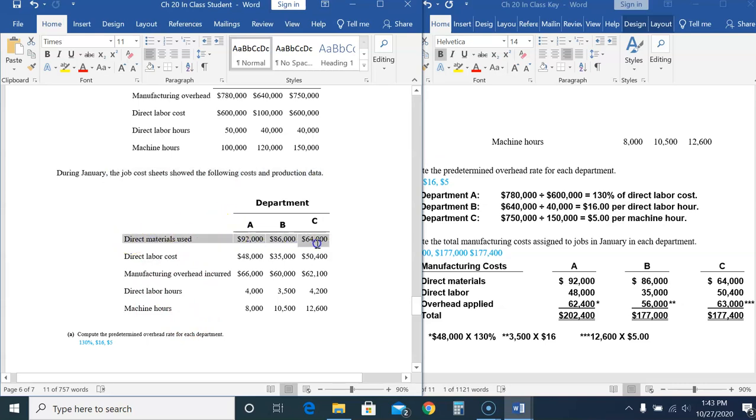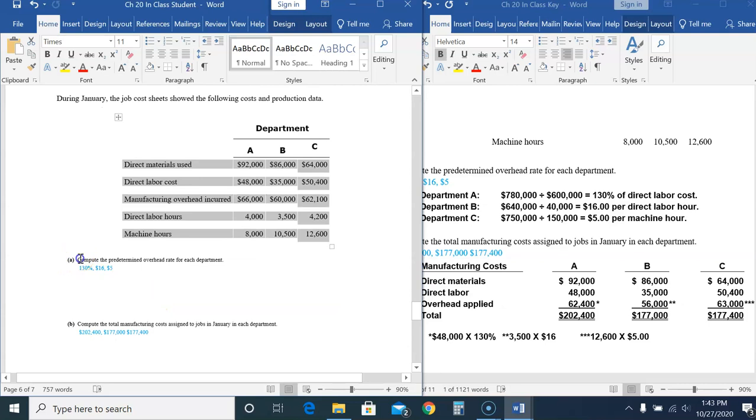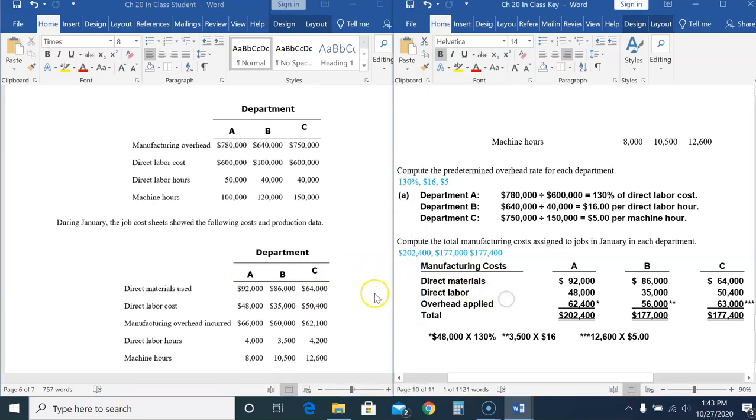Here are actual costs for those 3 departments. We are going to compute the predetermined overhead rate for each department. Remember, predetermined overhead rate is calculated by taking the total estimated overhead divided by the total estimated cost driver.